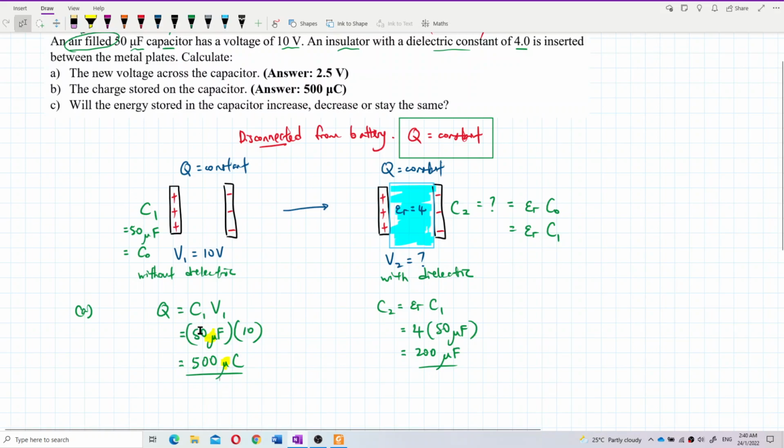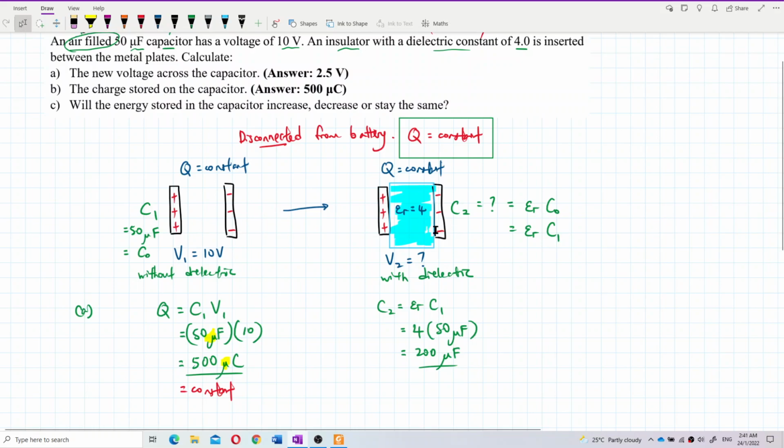So this one is constant. The charge is constant because this capacitor is not connected to the battery, so the charge always remains inside the capacitor. So this 500 microcoulomb is constant even after you insert the dielectric.